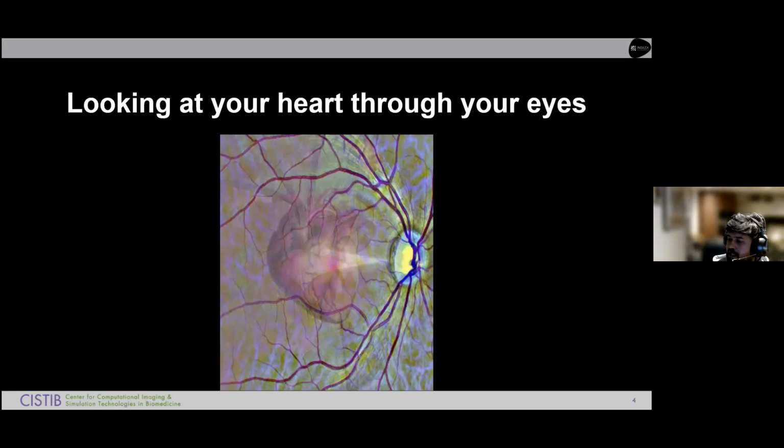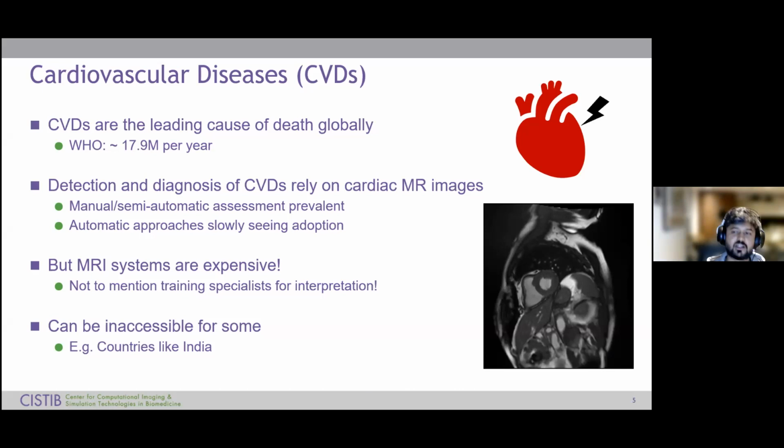So the question that we wanted to answer is, can we say something about the heart without looking at the heart? And you might ask, well, why would you want to do this? So let's take a look at why this is a problem that is worth approaching, or why this is interesting.